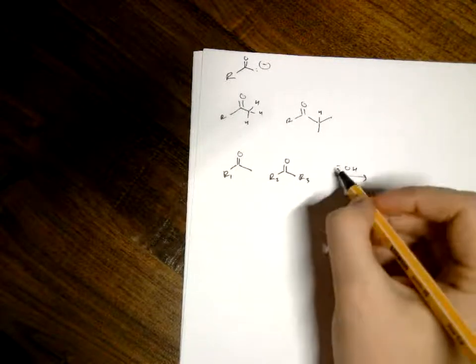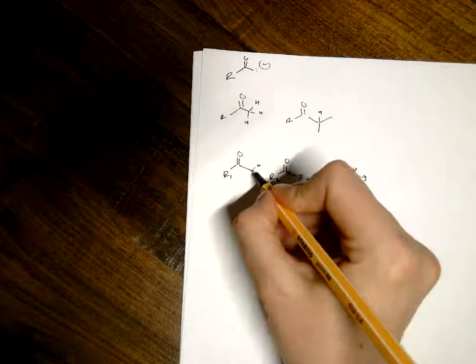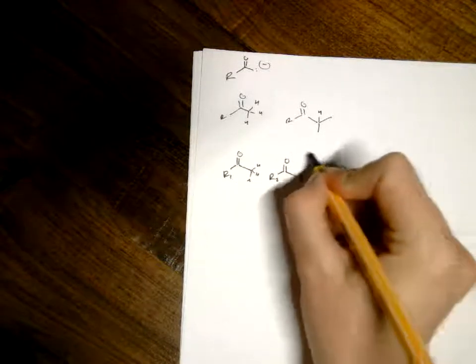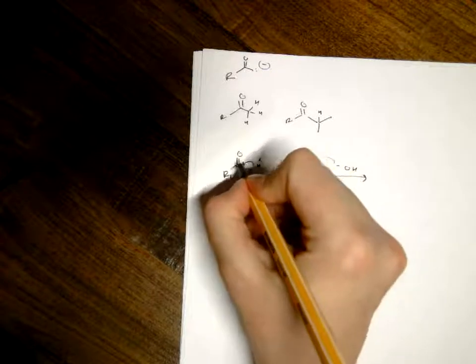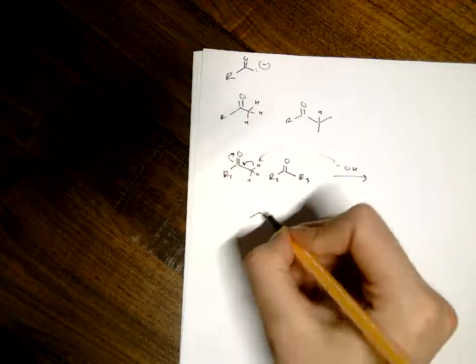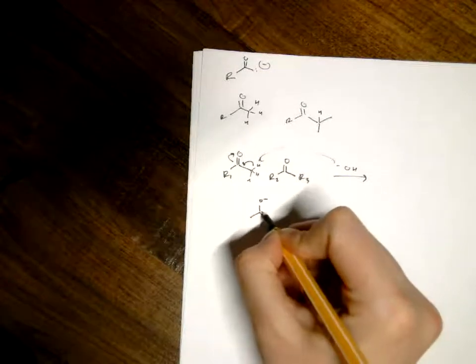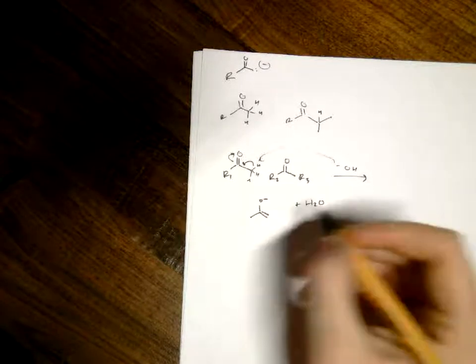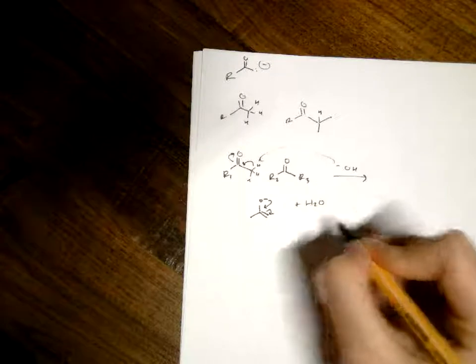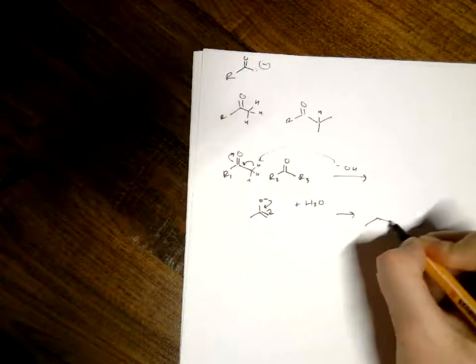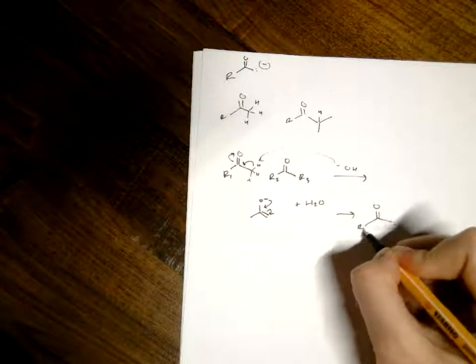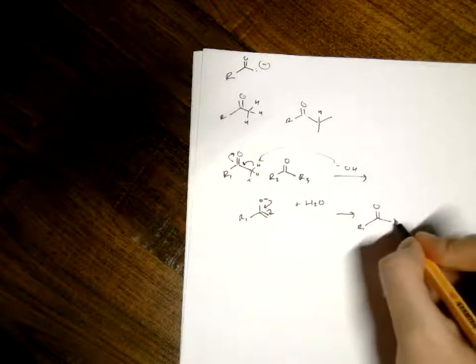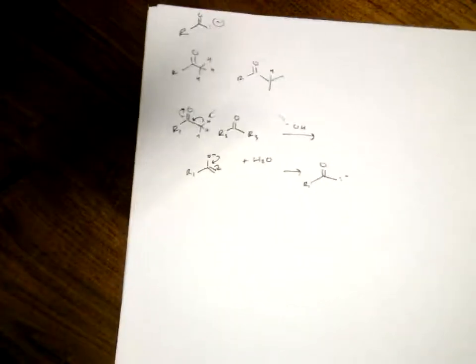If we have OH minus here, that's going to create your enolate, O minus with a double bond right there, plus H2O. And then I like to draw this recovering because for me, it's easier to visualize. Sorry, this is R1. It's easier for me to visualize this being the attacker.